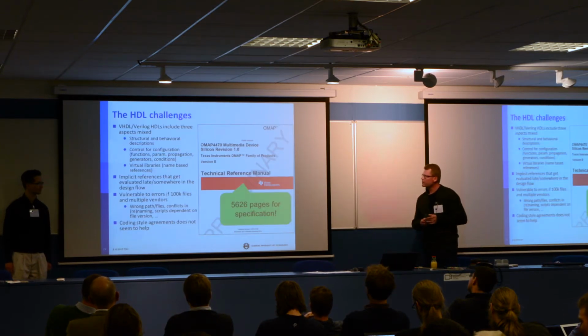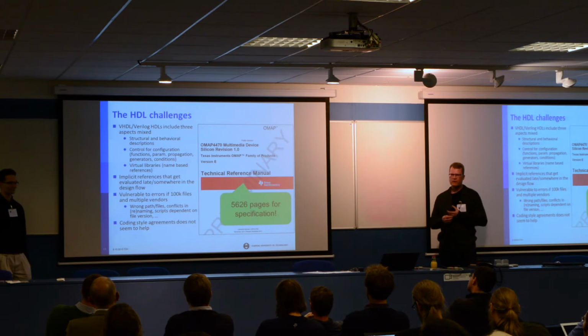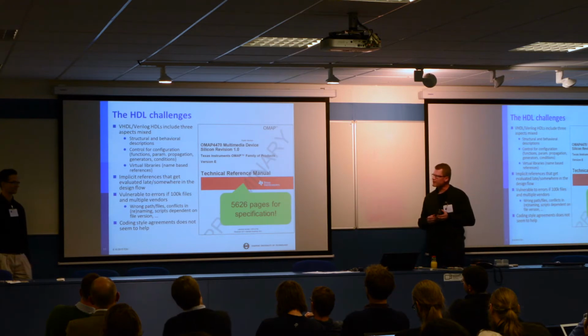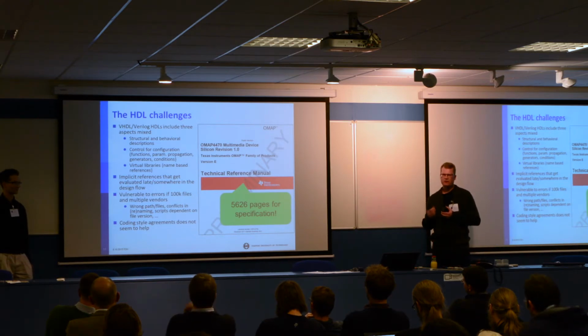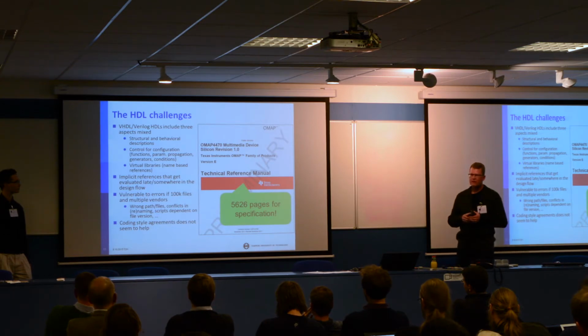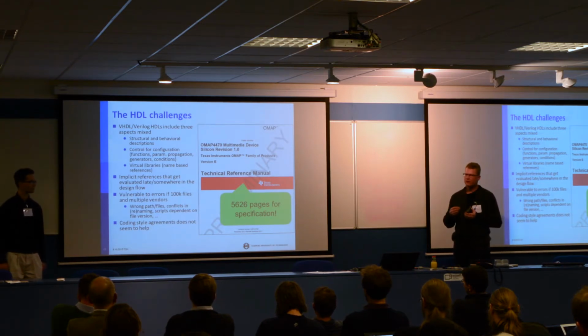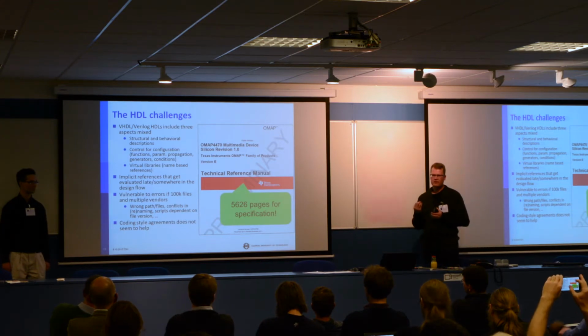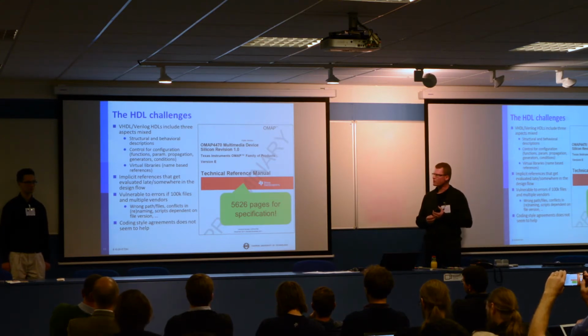So, talking about HDL, the way we are constructing the projects, I think we are mixing three aspects there. The first is the content itself: the structure and the behavior, which you can consider a static thing. Then a dynamic thing is how we are creating structures using parameters, generics and functions.